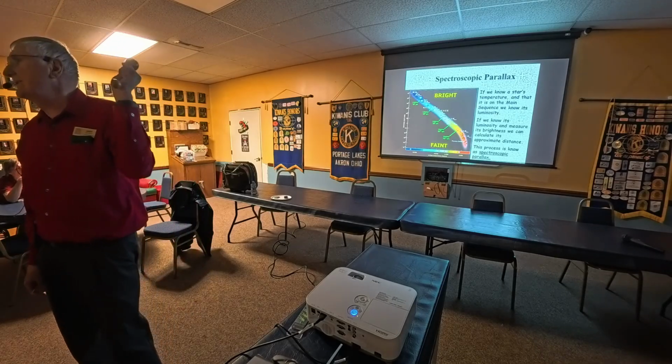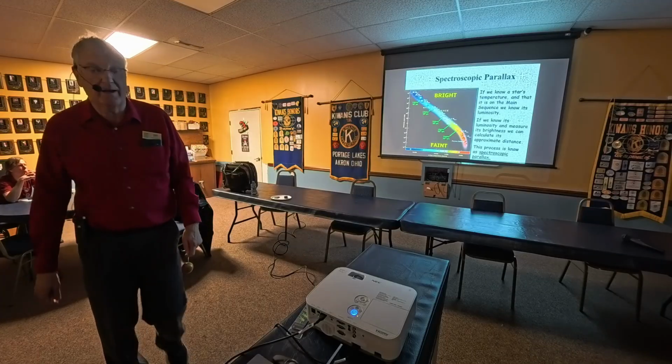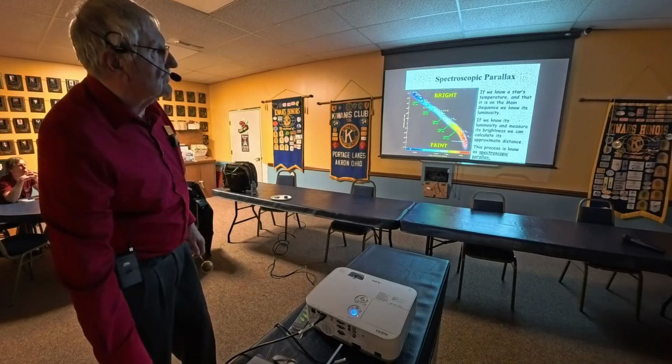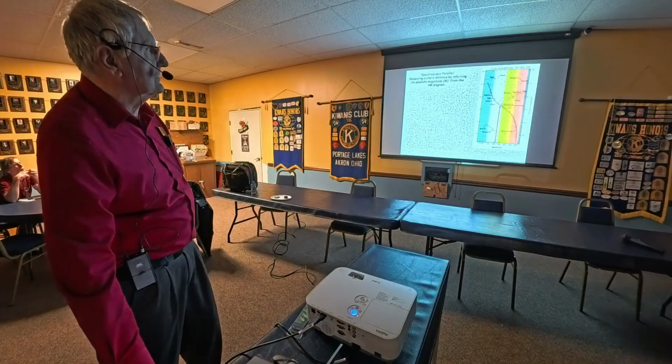This is the way we did this before we sent up these couple of spacecraft, primarily Gaia. Okay, it's called spectroscopic parallax, and it's a way to calculate the distance to a star.